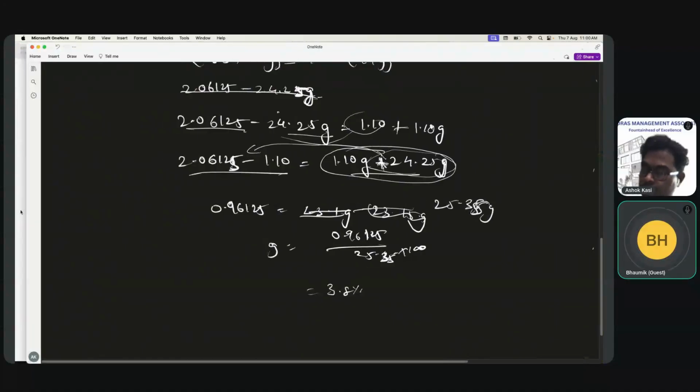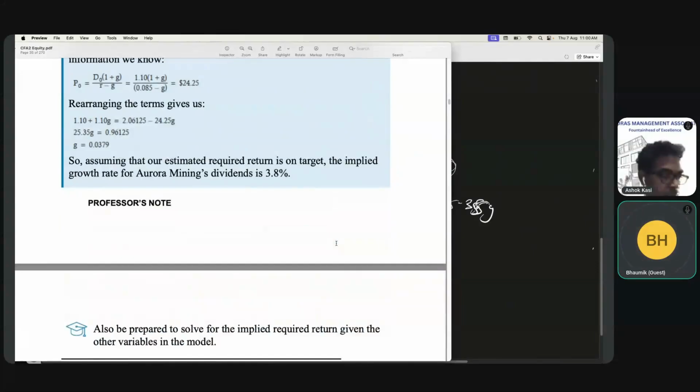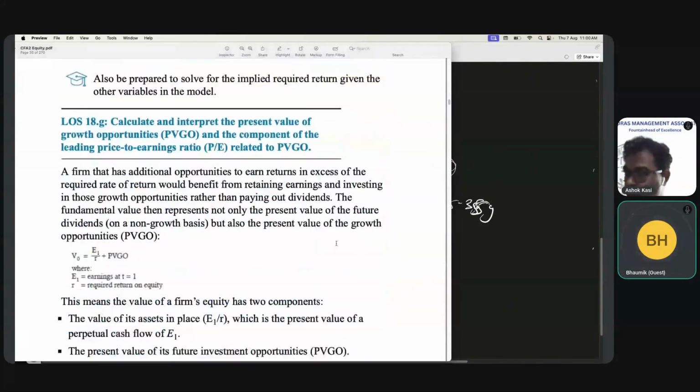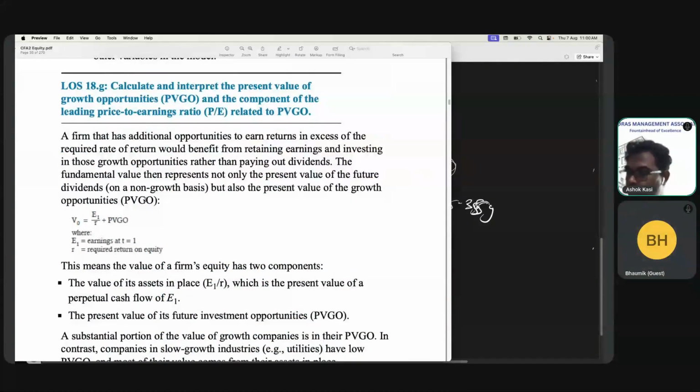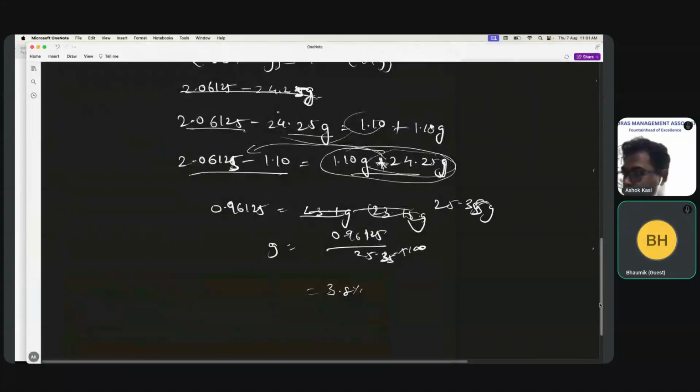The next one, PVGO, present value of growth opportunities. So this is one formula, value.